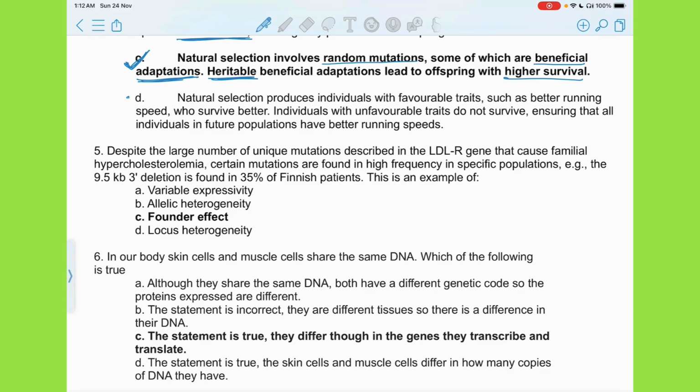This is an example of the founder effect, as the founder effect establishes a subpopulation as a new colony drawn from a larger population, and it is more or less a result of migration. So the correct option will be founder effect.